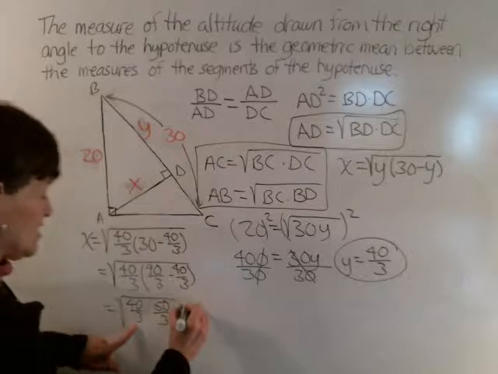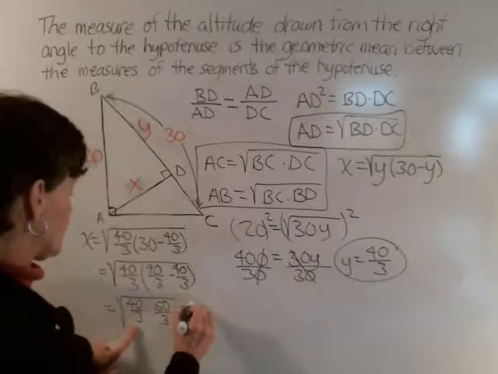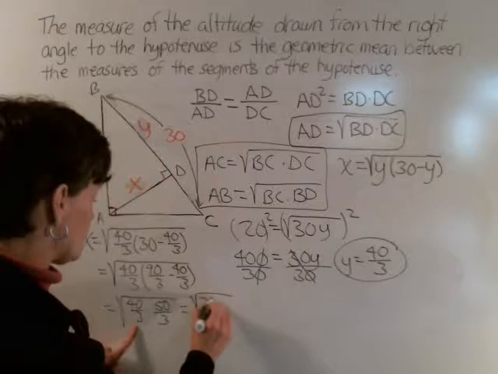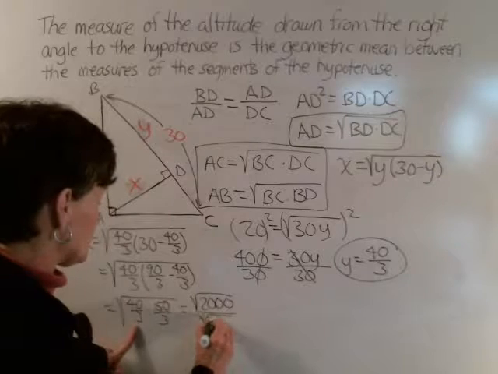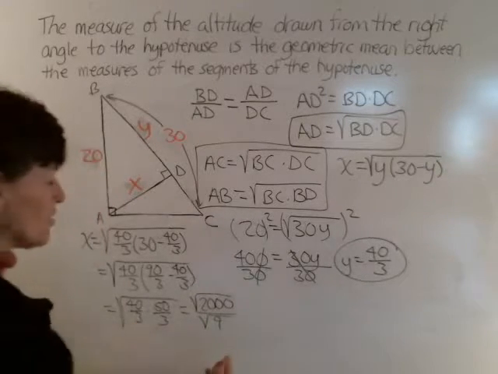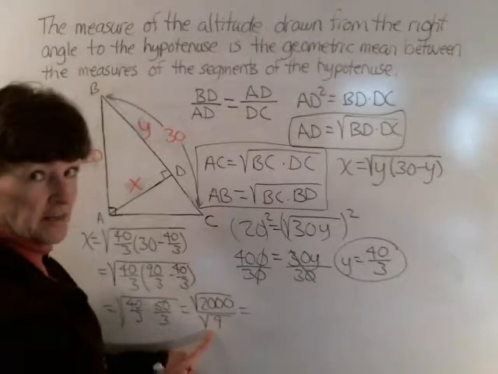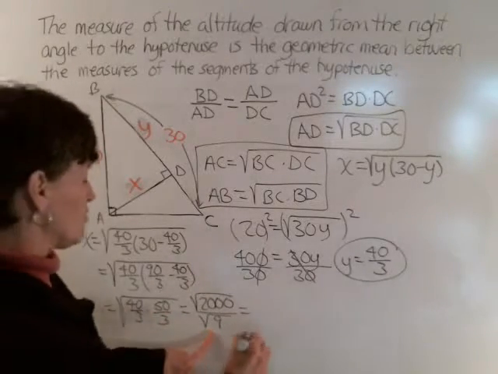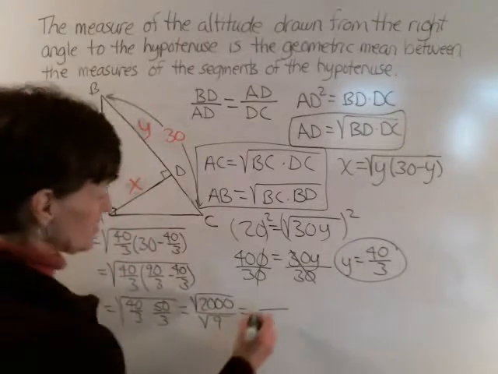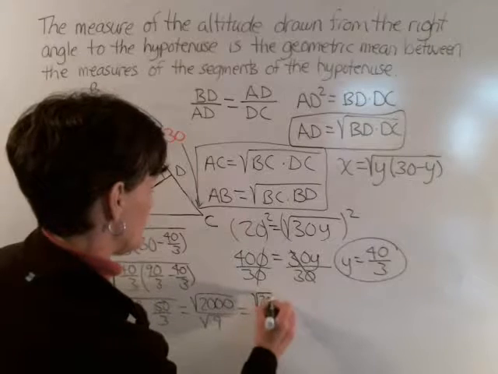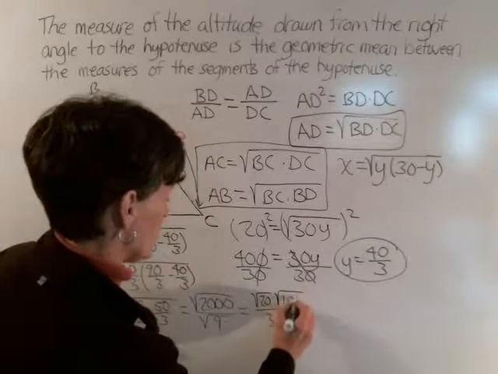Well, I'm going to go ahead this time and multiply the 40 and the 50 because I get 2,000, and I'm going to break it up a little differently. And the 3's I'll go ahead and multiply because I think you'll recognize that a little easier if I do that. Now, you know the square root of 9 is 3. I didn't have to do that. Could have just pulled the 3 out. But the square root of 9 is 3. The square root of 2,000 can be written as the square root of 20 times the square root of 100.